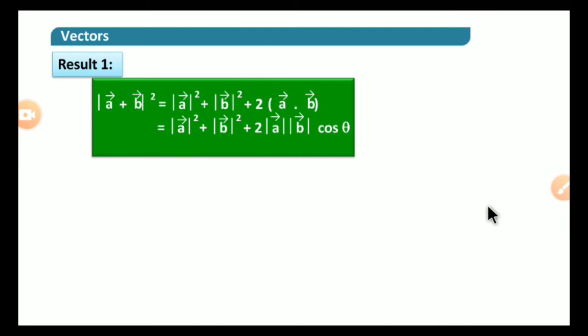Now we will prove result 1, that is magnitude of A plus B square is equal to magnitude of A square plus magnitude of B square plus 2 into the bracket of A dot B, or else we can write it as magnitude of A square plus magnitude of B square plus 2 into magnitude of A into magnitude of B into cos theta, because A dot B is equal to this whole term.